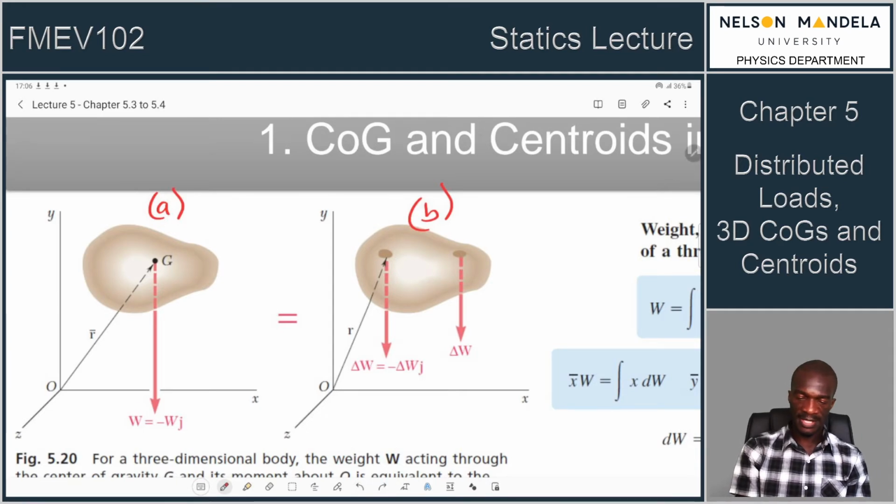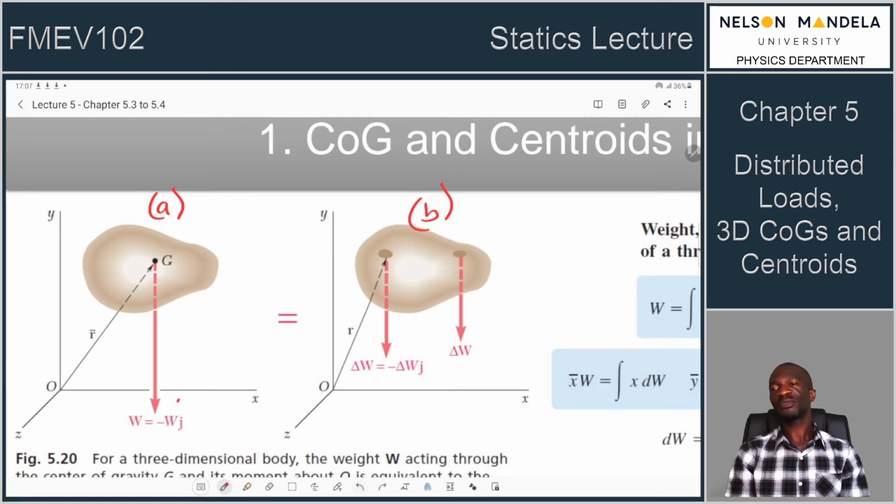Obviously, its weight is given by the magnitude of the weight multiplied by the vector direction, and it's in the negative J. That's the exciting thing about centers of gravity. We are just looking at the negative J all the time.